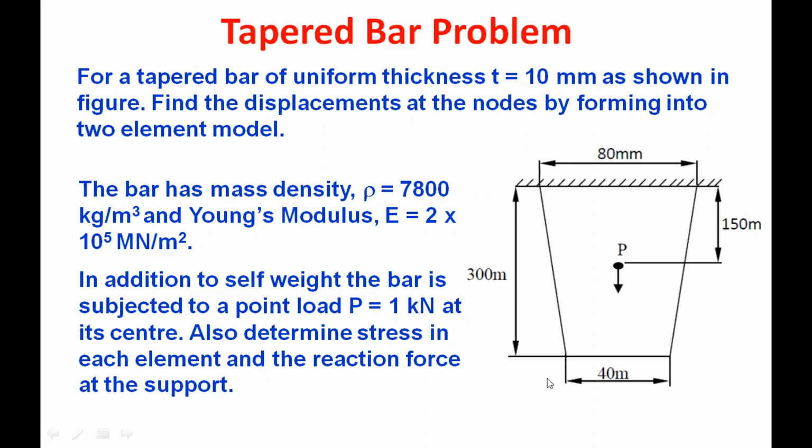But when you use this one-dimensional line element to solve a tapered bar problem, which is of variable cross-section, then we have to convert this tapered bar into an equivalent bar to reduce the error in the solution. How to convert this tapered bar into an equivalent stepped bar, that we will see.